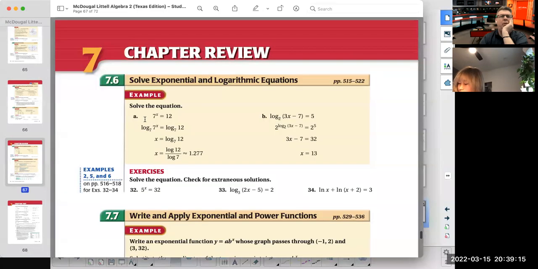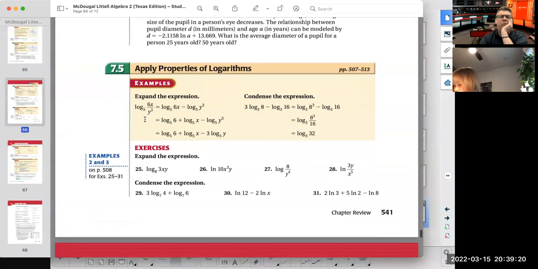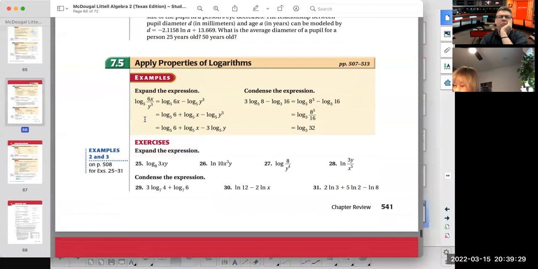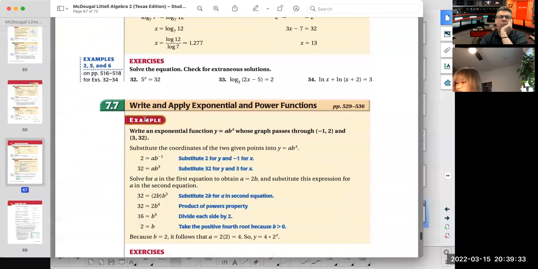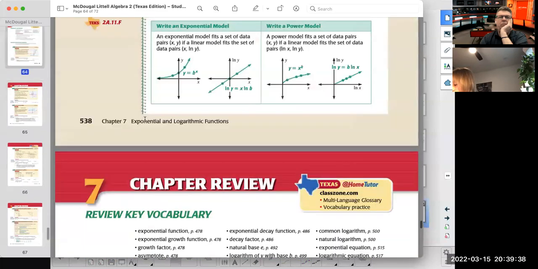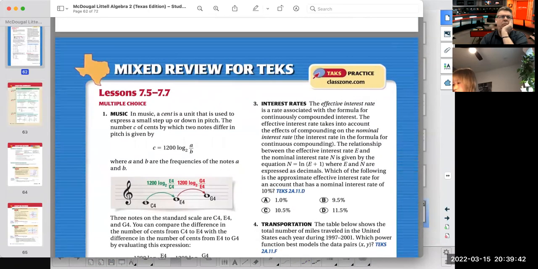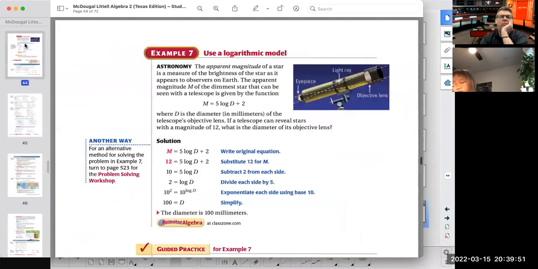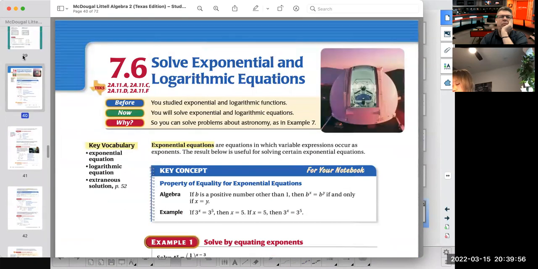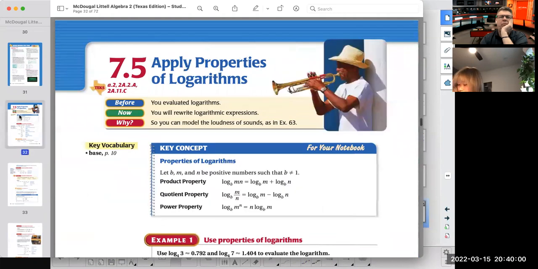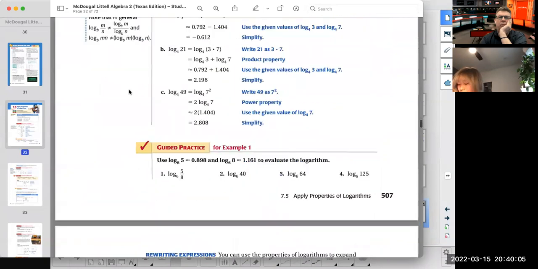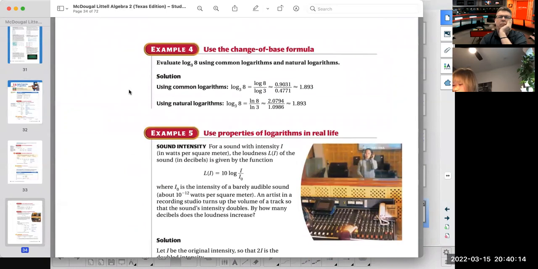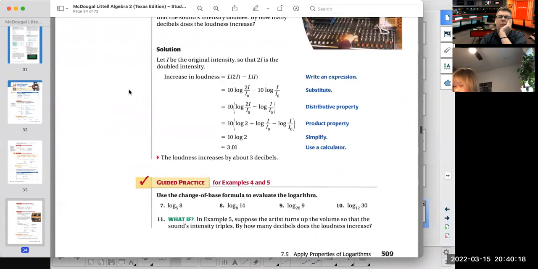Let me take a quick look at something here. I'm not sure how they do this one. Oh my God, they're talking about using a calculator.